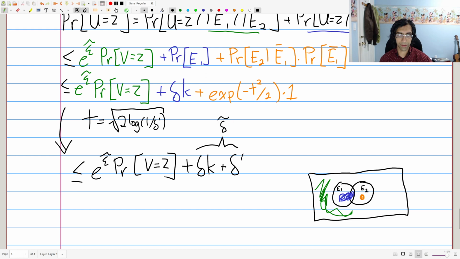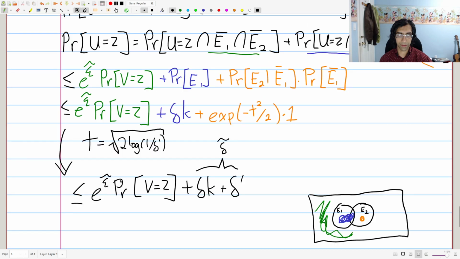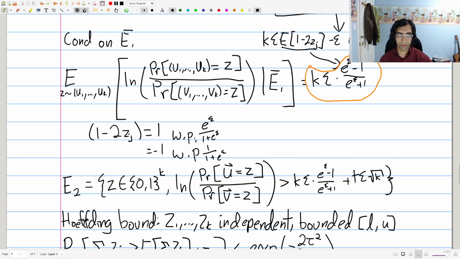And that's exactly what we wanted. Recall that we've shown the privacy loss random variable, or this is exactly the epsilon delta definition, right? You see that the probability of this event is less than or equal to the probability of this event, plus this term right here. And so that completes the proof.